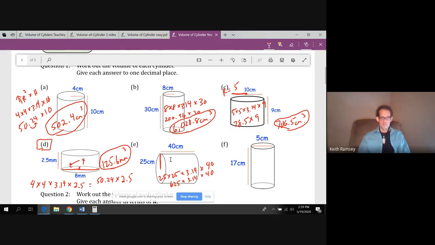So I'm going to have eventually 1,962.5 times 40, which is going to equal 78,500 even cubic centimeters.